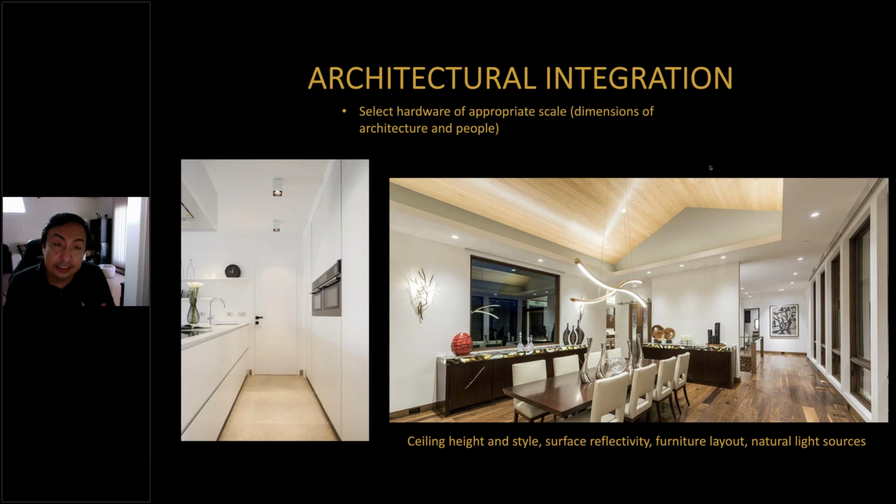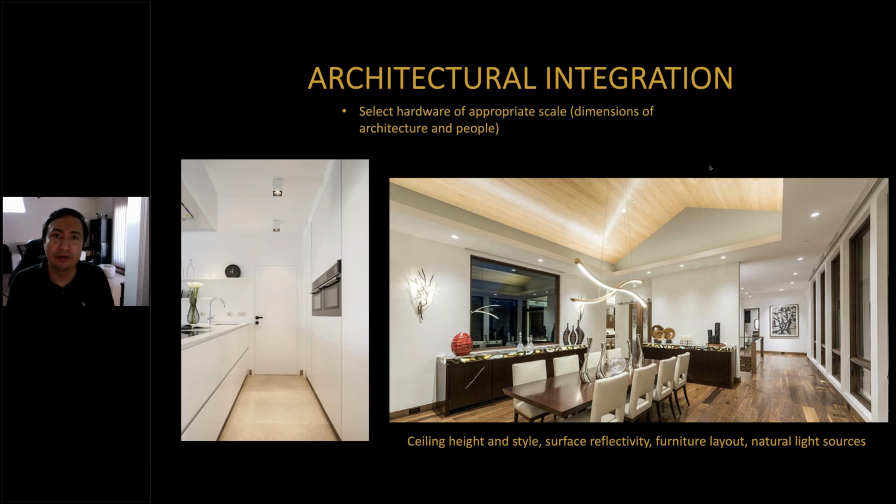Is it a loft? Does it have a slope to it? Is it slanted? What are the reflective characteristics of the ceiling? Those things are going to be very important. The furniture layout is something that you want to pay very close attention to, and any natural light sources that you're going to have, whether it's windows, skylights, things of that nature. All of that needs to be taken into consideration.